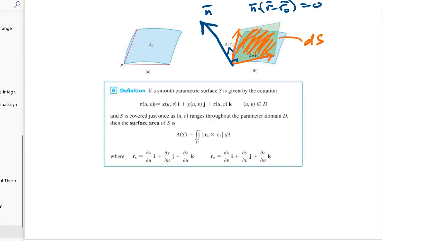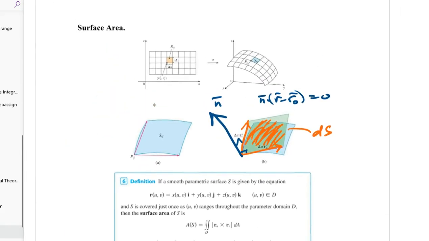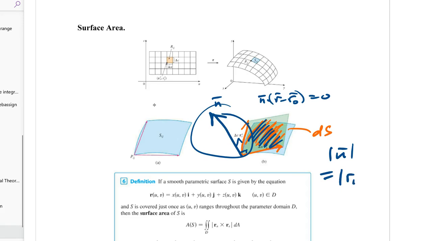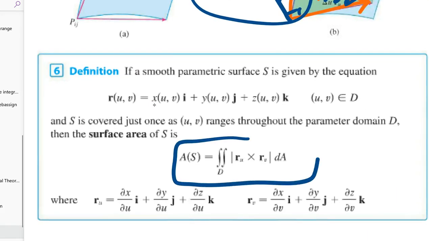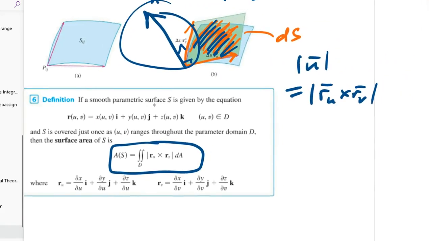The surface area is, you're going to take all these areas of these little tangent planes and add them up. Well, the area is the length of n, and the length of n is just the length of r_u cross r_v. So you add them all up and you get the area of your surface. It'd be nice if you memorize that.